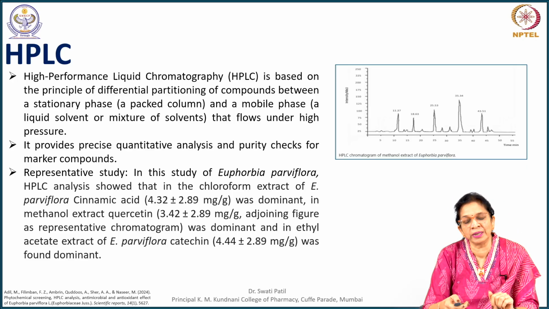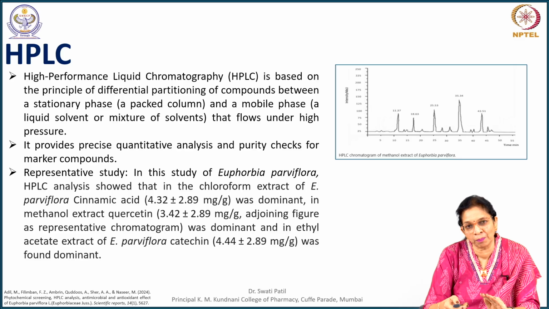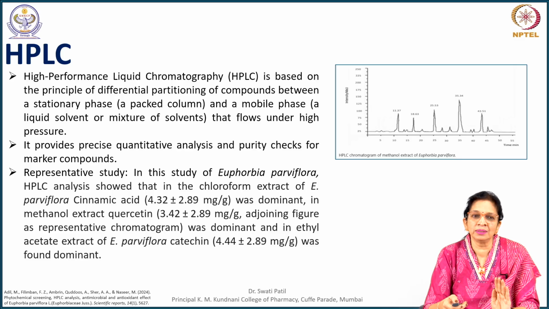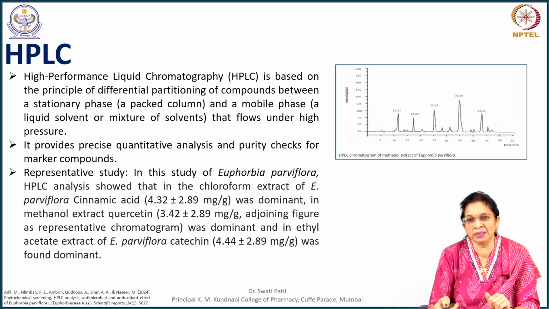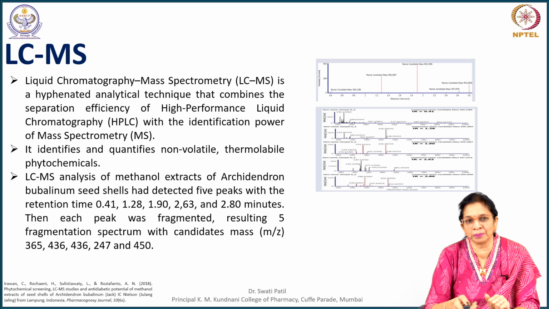This depends on the affinity of the compound towards the silica present in the column, and the affinity will decide the eluting time of the compound from the column, and these retention times will help us identify different compounds.